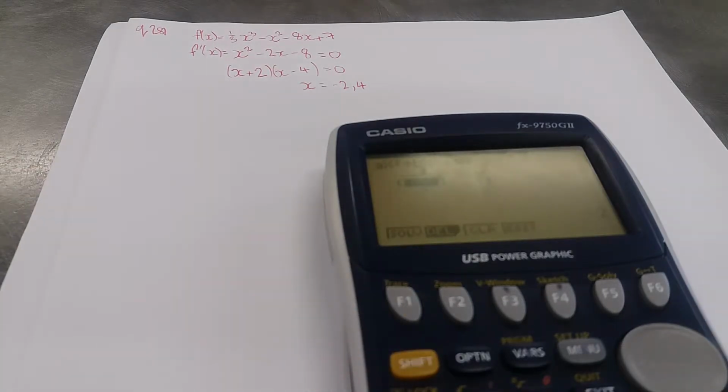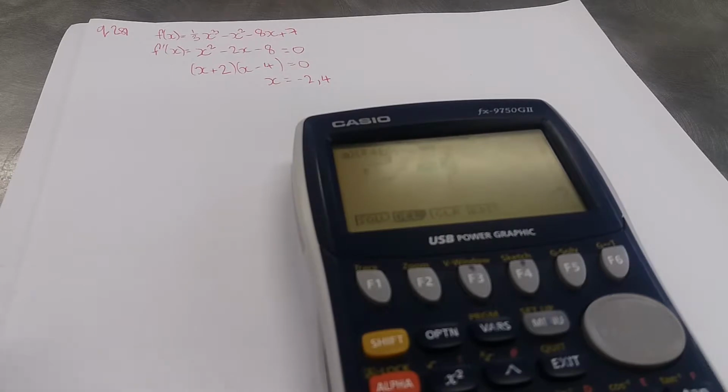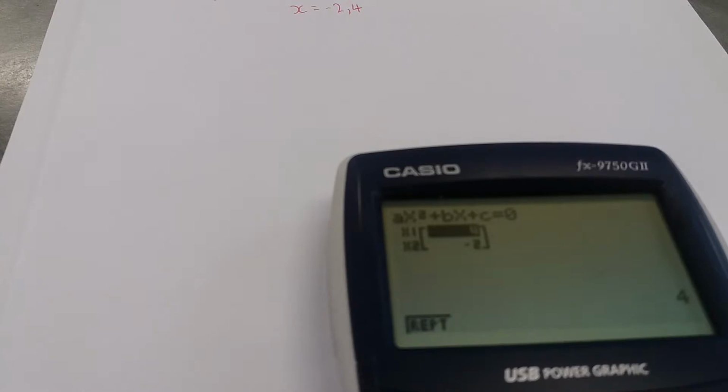So we've got 1x squared minus 2x minus 8, and then we solve it and we get the same two solutions, x equals 4 and x equals negative 2.